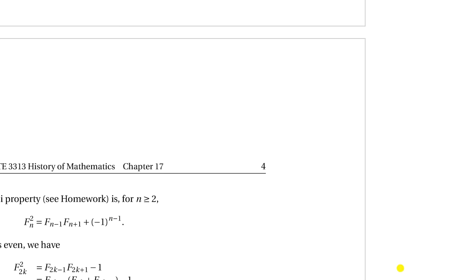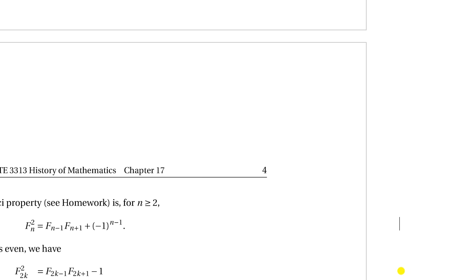First of all, let's say when n equals 2, then F2 squared is 1 squared, which is 1. And Fn minus 1 is 1, and Fn plus 1 is 3.